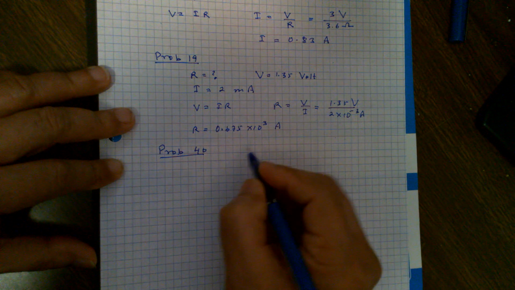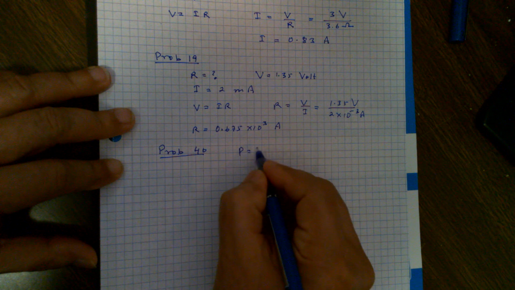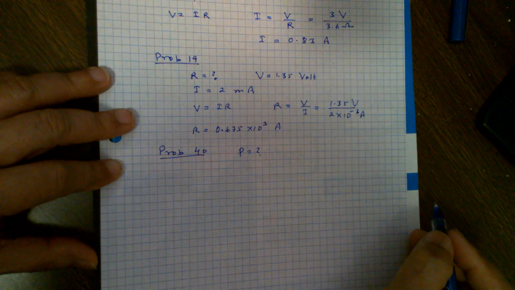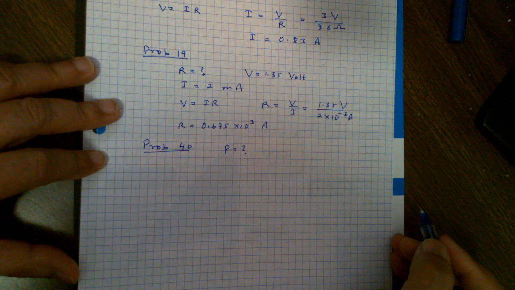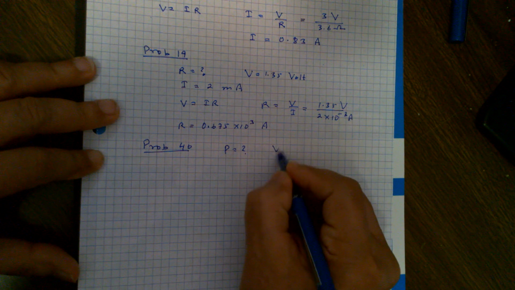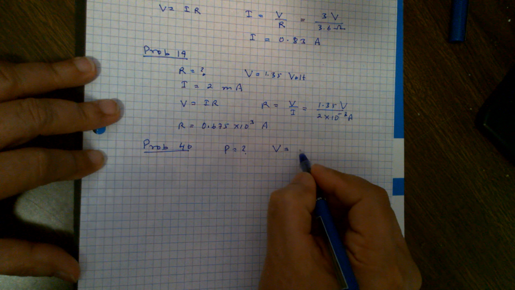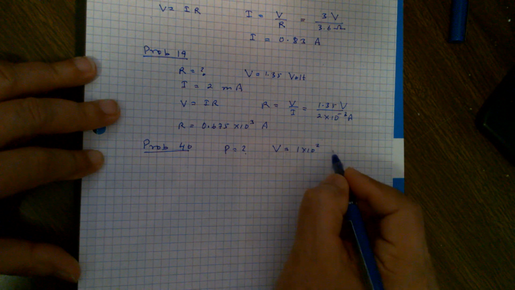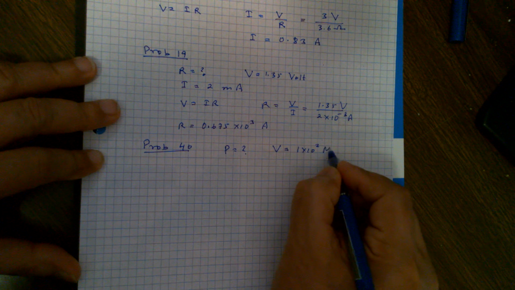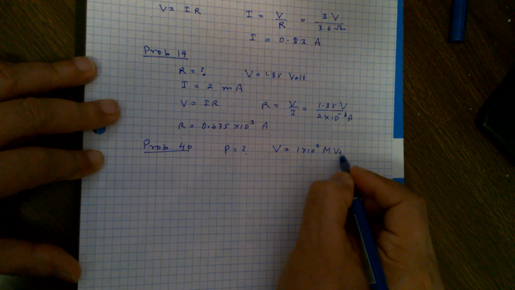So you want to know what the power is of the lightning bolt. Lightning bolts have a lot of current and a lot of voltage. So voltage V is equal to 1 times 10 to the power 2 MV, that is million volts, right?